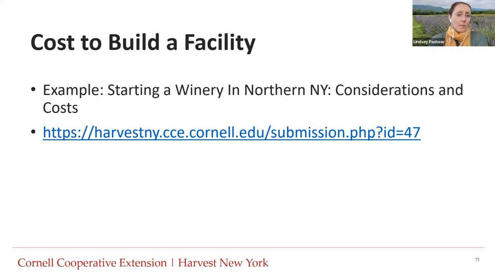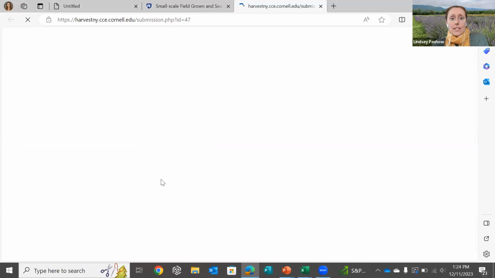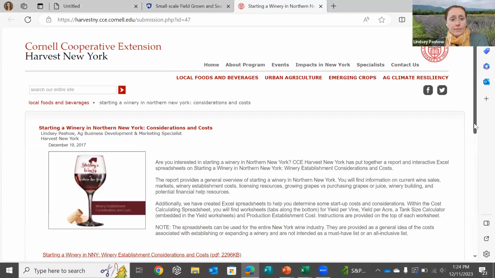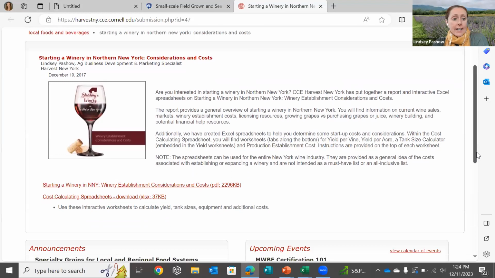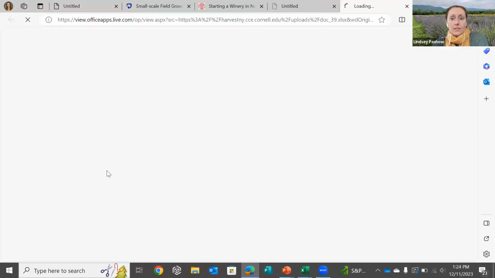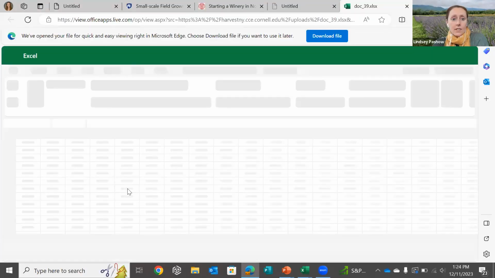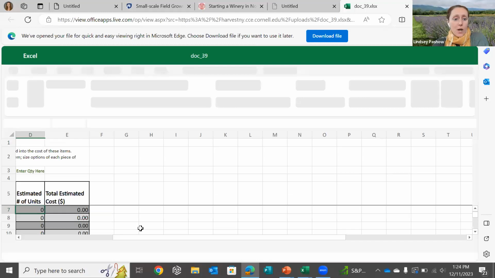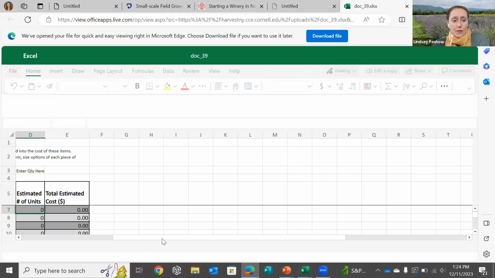Another thing that I put together a number of years ago was the cost to build a facility. We put one together specifically in regards to starting a winery in Northern New York, and this is located on the Harvest New York website. It has an actual PDF of the project, and then there is an Excel spreadsheet that has two different kinds of filters.